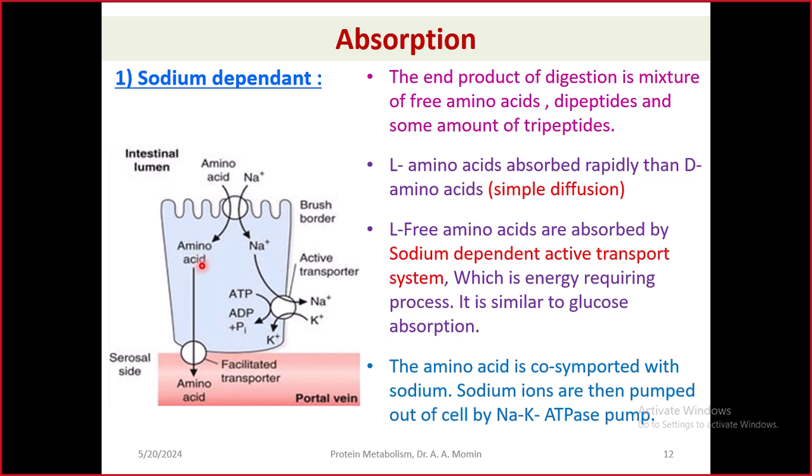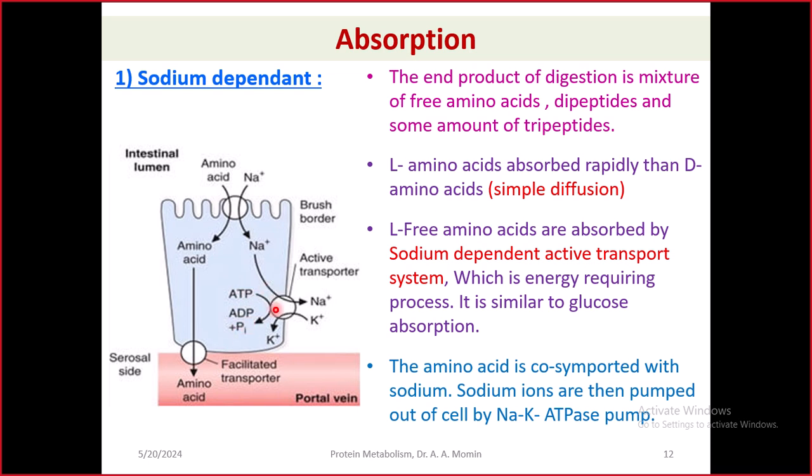One amino acid is transported into blood when the sodium is transported outside of the epithelial cell in exchange for potassium. This exchange of sodium and potassium happens with the help of the sodium potassium ATPase enzyme, which requires energy. So one ATP is utilized and converted to ADP and inorganic phosphate.